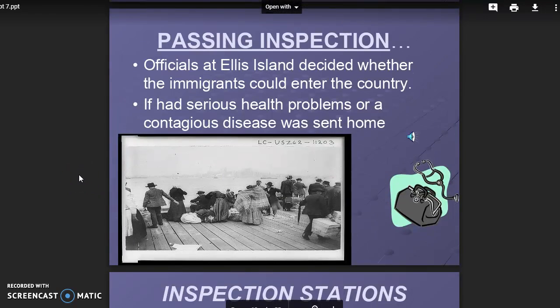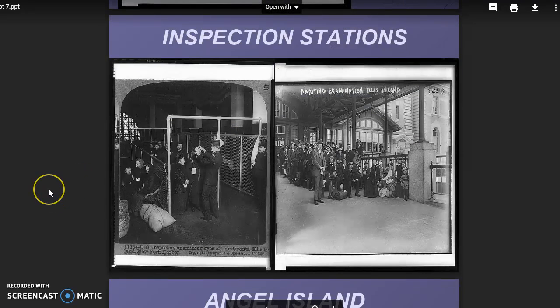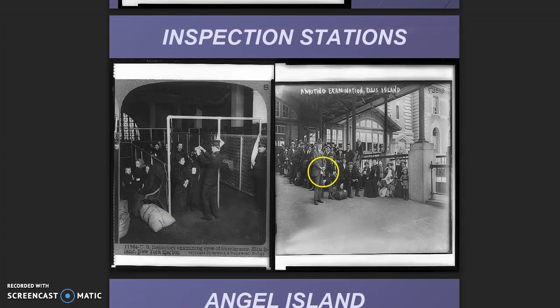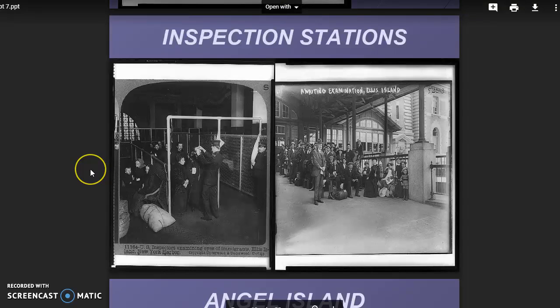When they did come here, they had to pass an inspection. Officials at Ellis Island decided whether the immigrants could enter the country. If they had serious health problems or a contagious disease, they were simply sent back. So if you look at this picture, you had people waiting in line just to be inspected. Same thing here. So they're inspection stations. You can write that down next to number 6 as well.